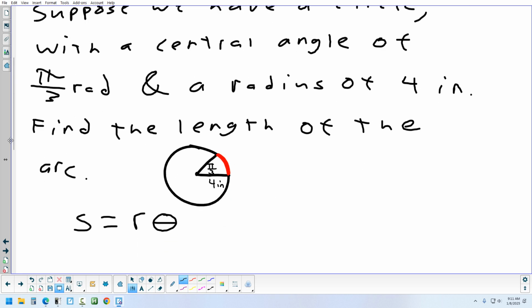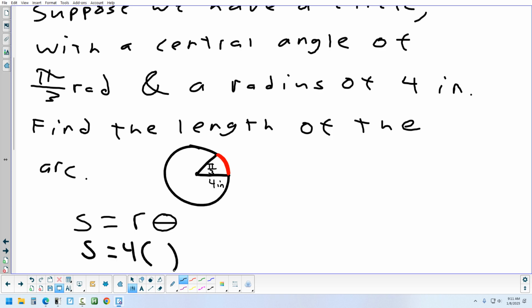Now we'll fill in everything that we're given into the formula. Did they give me S? No, that's the question. Find the length of the arc. So we don't know S. Did they give me the radius? Yeah. What's the radius in this one? 4 inches.